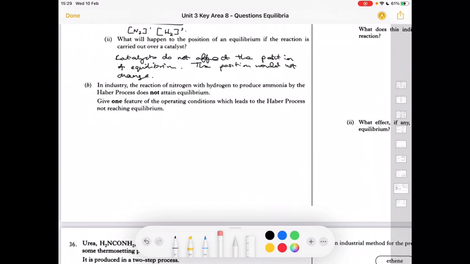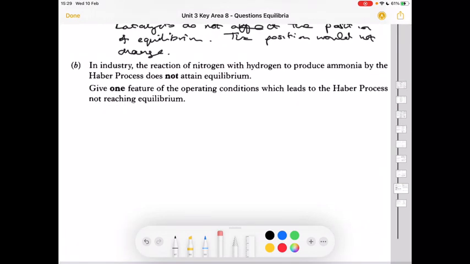This is a continuous process, so as soon as that ammonia has been made, it's been taken away, so that means that you're never actually getting this state, like it's not a closed system, because it's always been removed, so it's never actually given the chance to go back to the nitrogen and hydrogen. So I would write for this one that it's a continuous process.